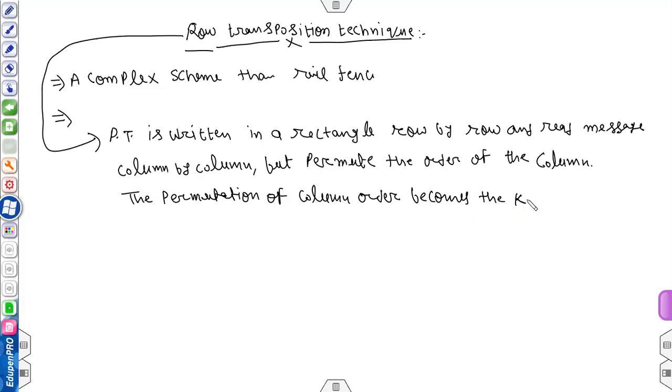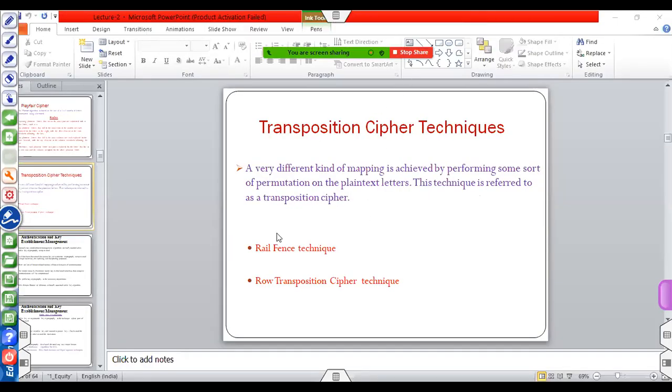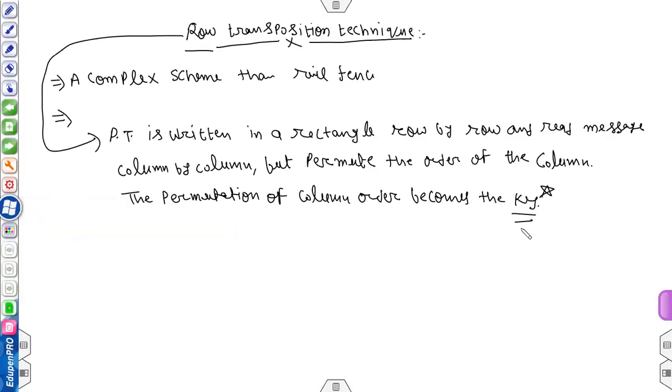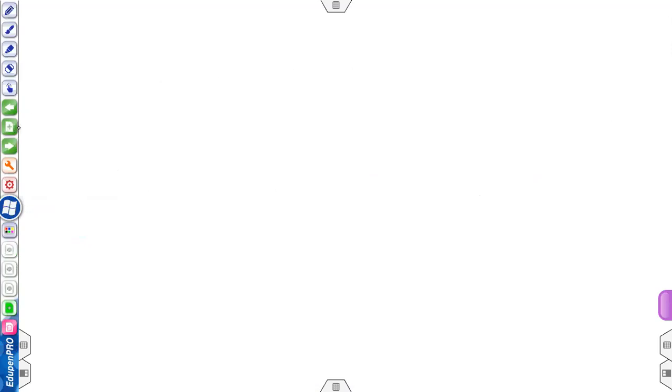So specifically we do not use a key here, but whatever ordering we use for the permutation, that ordering will be the key. Now we can understand this with the help of one example.